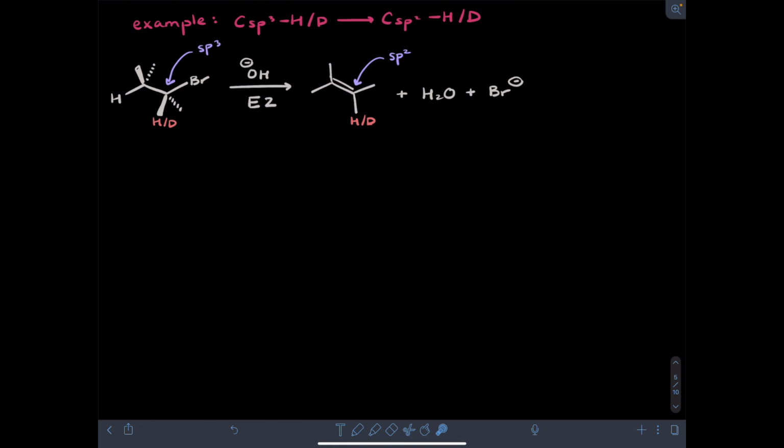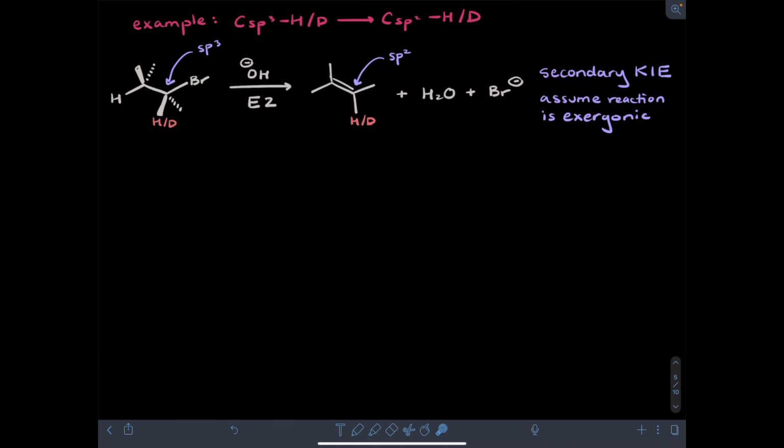Notice that the carbon attached to hydrogen or deuterium is sp3 in the starting material and then sp2 in the alkene product. Because this carbon-hydrogen bond is not breaking, we have a secondary kinetic isotope effect.